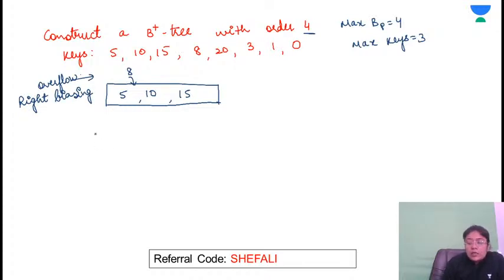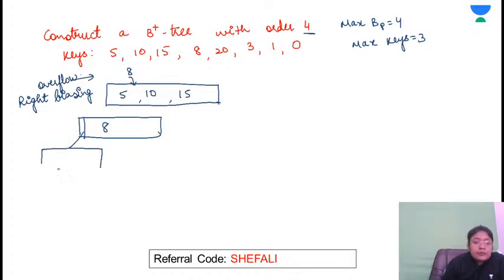So in B tree, what you were doing, 8 is present at the root level, and here this is pointing to 5, and this will point to 10 and 15. This is what we were doing in B tree.